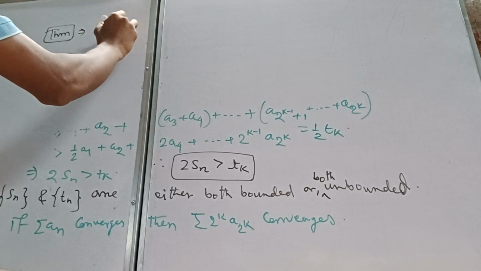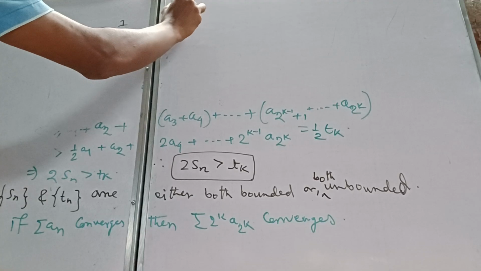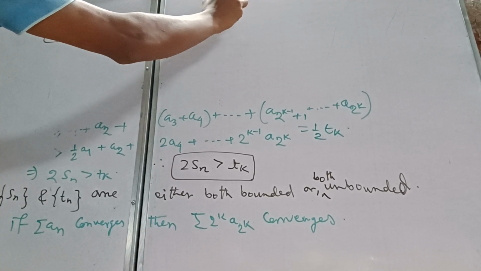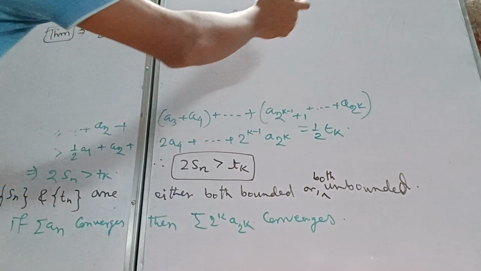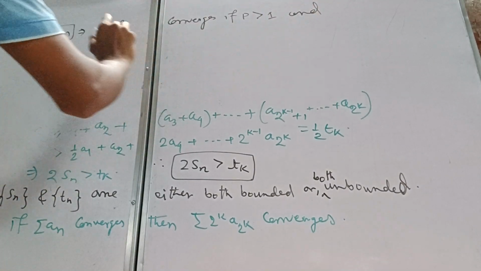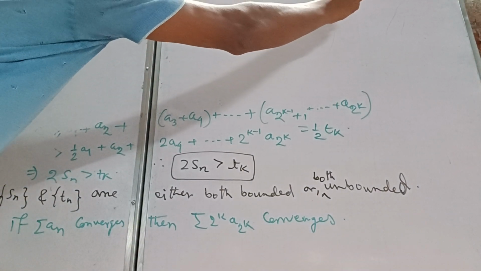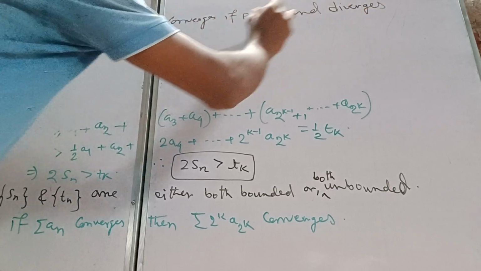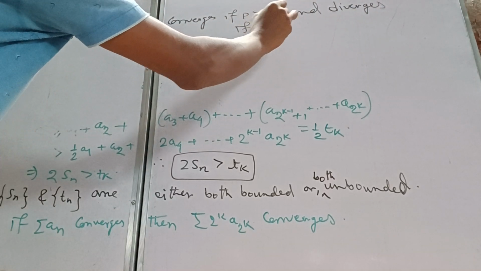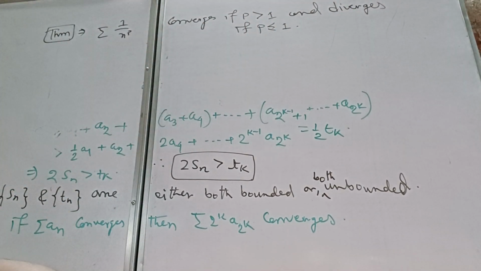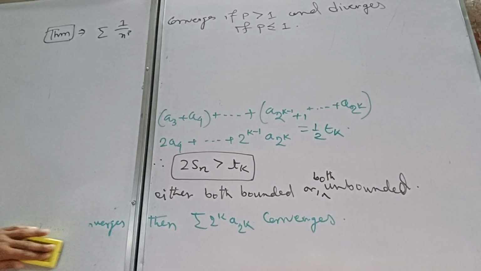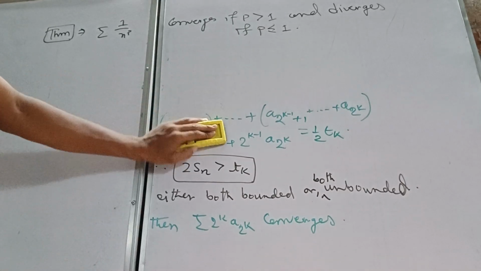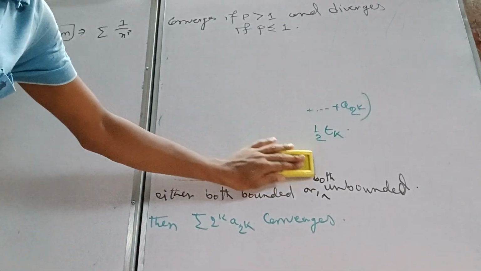Summation 1 by n^p converges if p is greater than 1, and diverges if p is less than or equal to 1. So we also prove that theorem now. We use that portion and go on to further discussion of that.